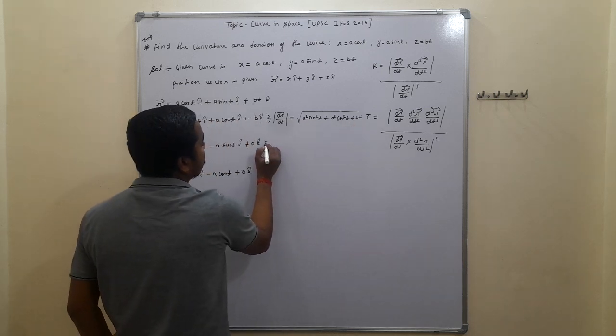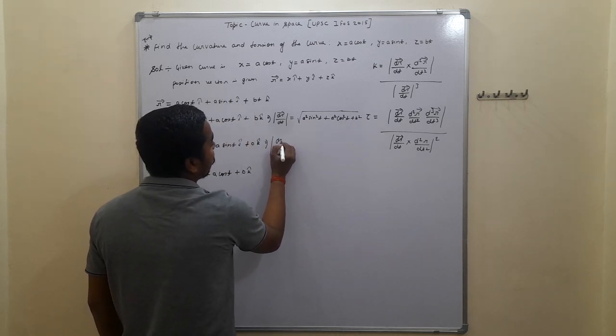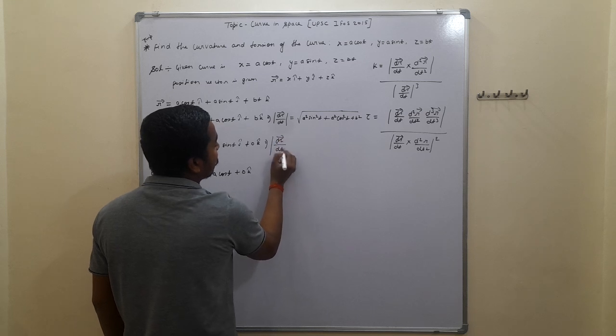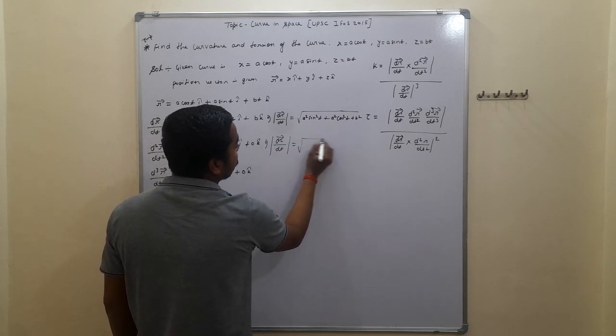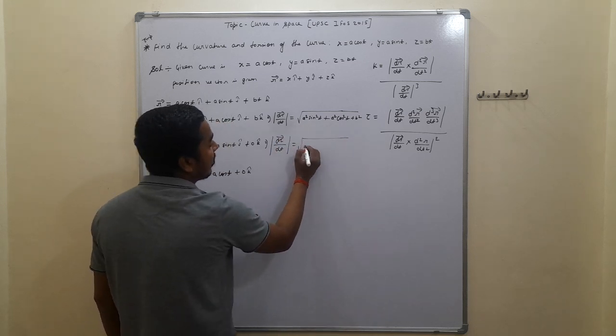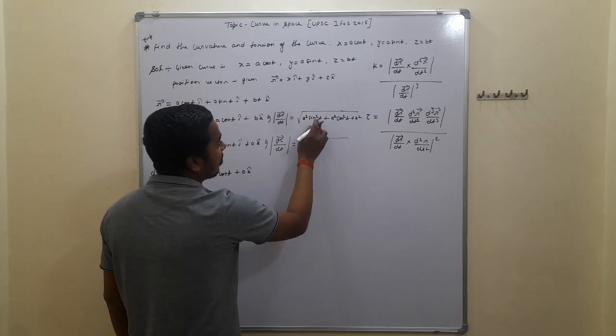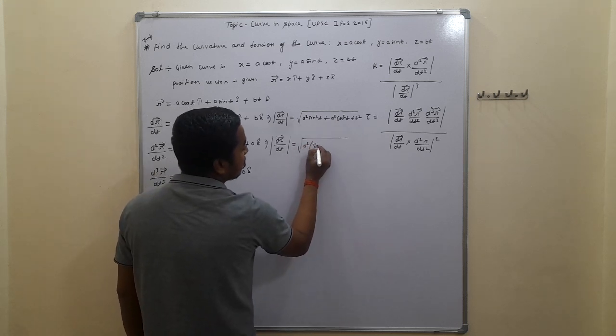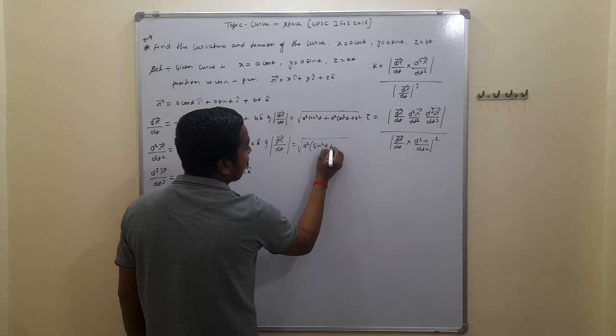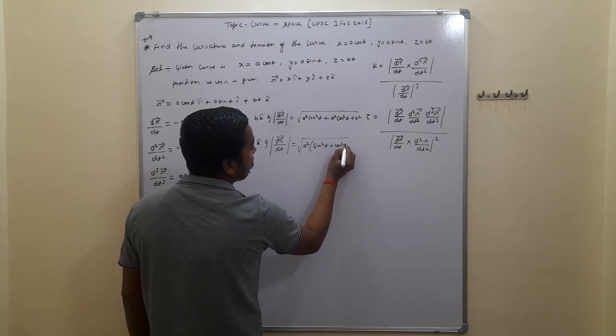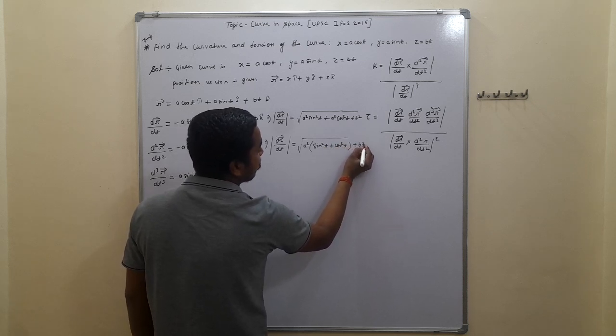From here the mod of dr/dt vector equals the square root of a square taken common, with the remaining sin square t plus cos square t, and plus b square.